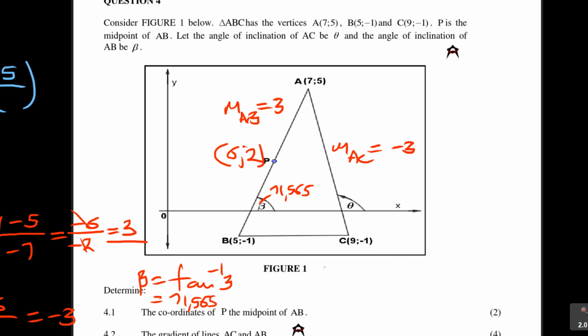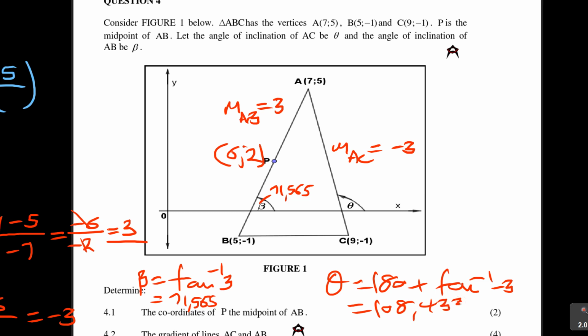What you do is get your reference angle and add 180. So theta is 180 plus arctan of negative 3, which is 108.435.